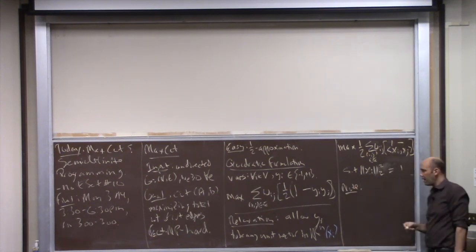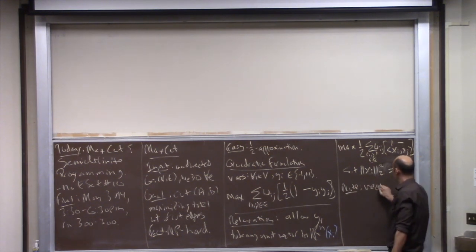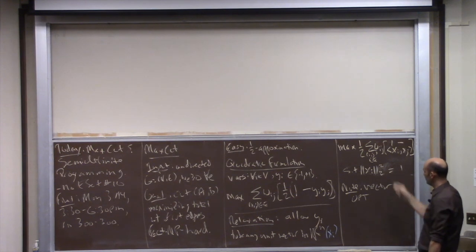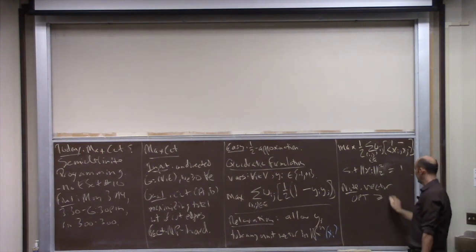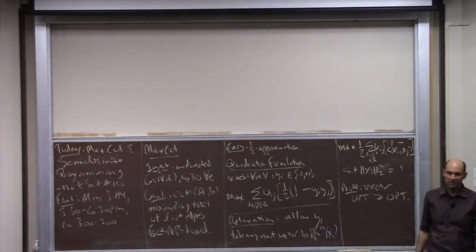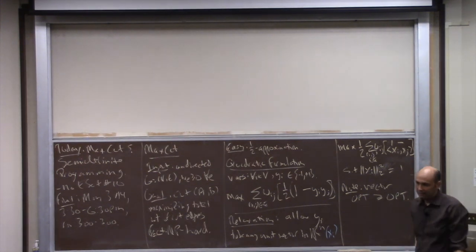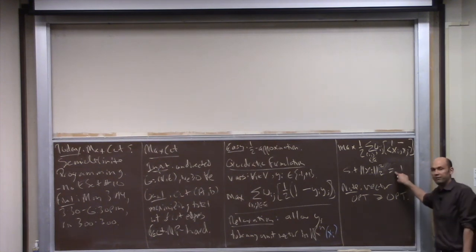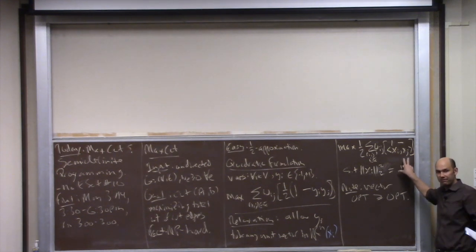Now, one thing that I hope is clear is that this is indeed a relaxation. Let me call it the vector opt. The biggest this number could be for any unit vectors is at least as big as the opt that we care about, the best max cut. Why? Because every cut corresponds to one particular feasible solution of this, what's called the semidefinite program, or vector program.